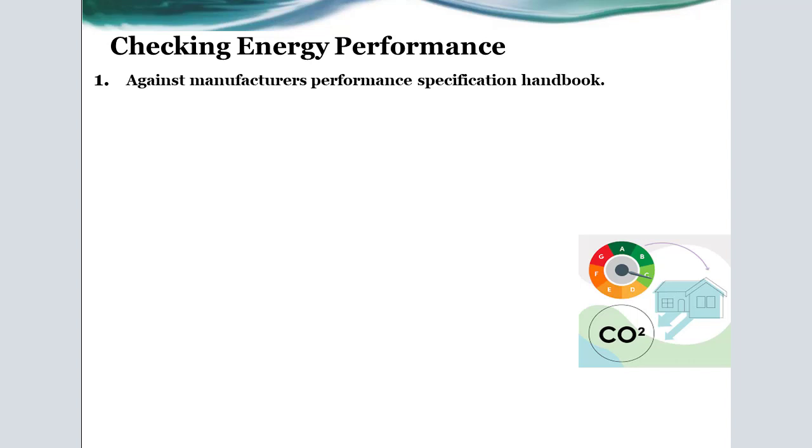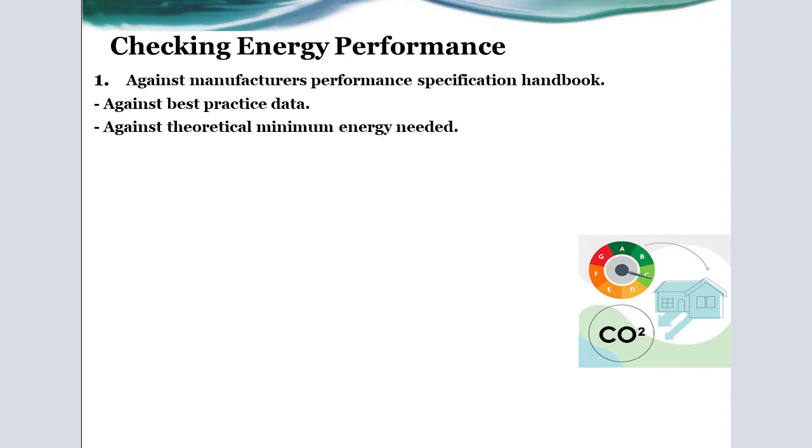The process of checking energy performance by the energy auditor must be compared with manufacturer performance specifications of the different equipment or data sheet, and also against the best practice data that he collected during the energy auditing, and also against the theoretical minimum energy needed, where he must make his calculation and compare between these results.